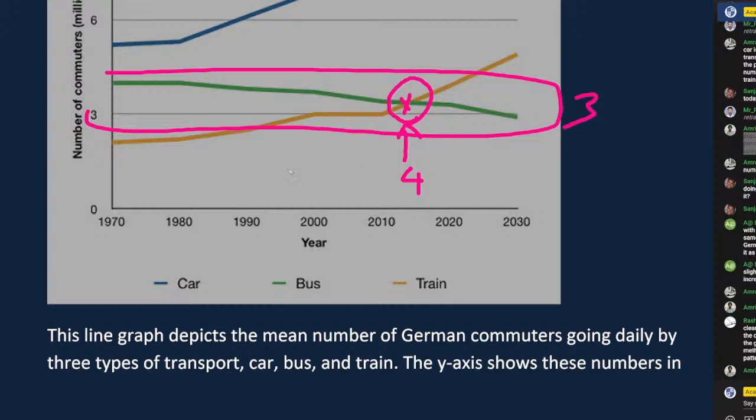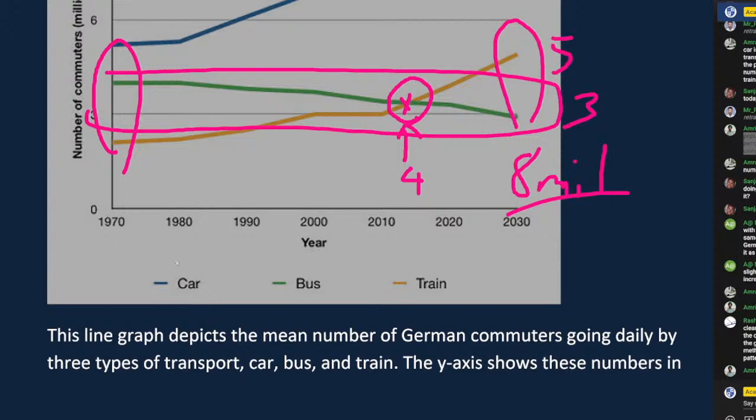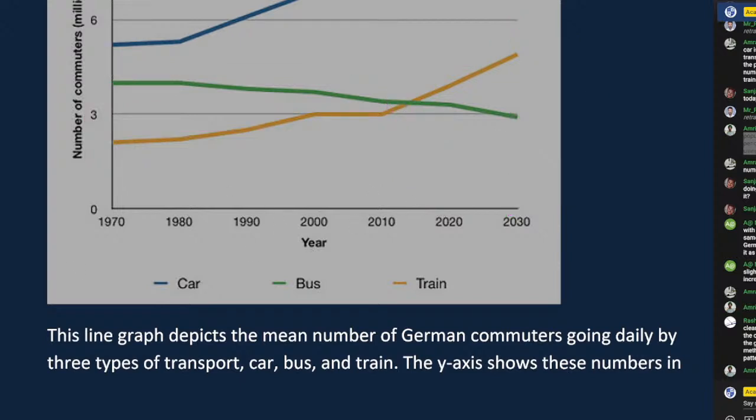And then step 5, I would explain this difference of 8 million more commuters in the future. Okay, that would be my step 5. So let's go through step 1, 2, 3, 4, 5, and you're going to see this more clearly, okay?